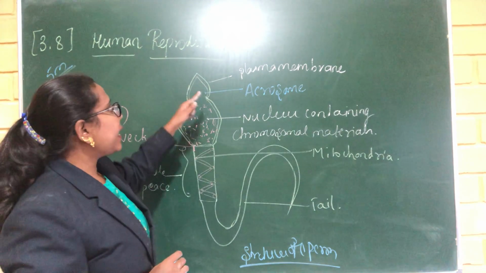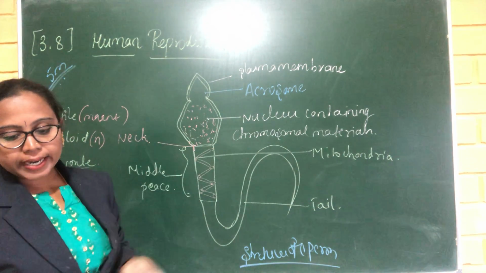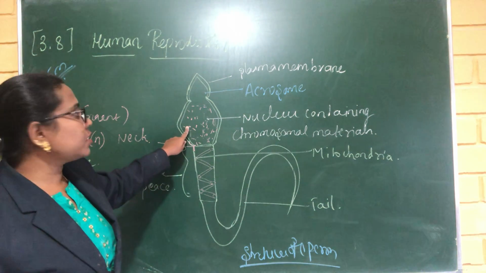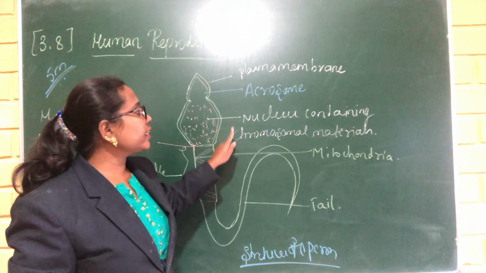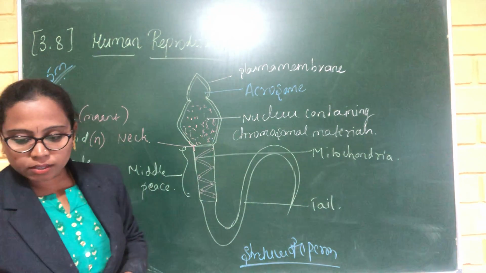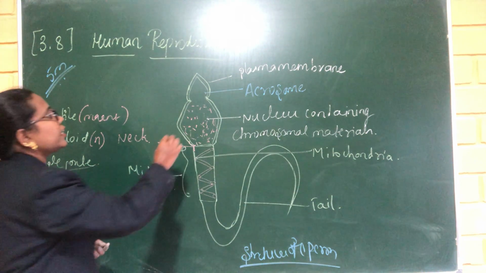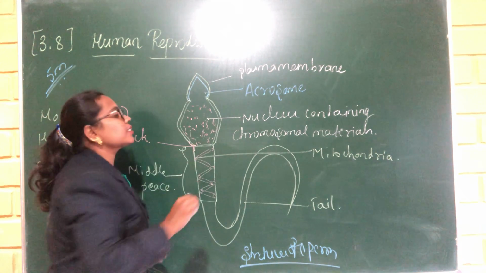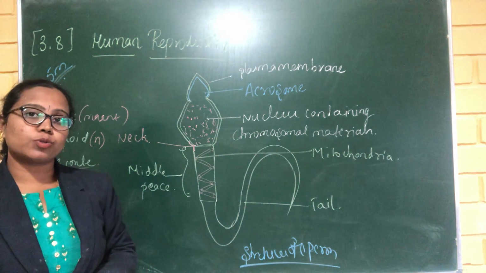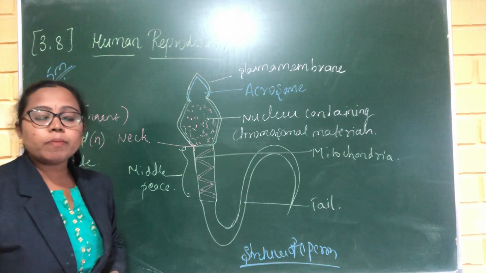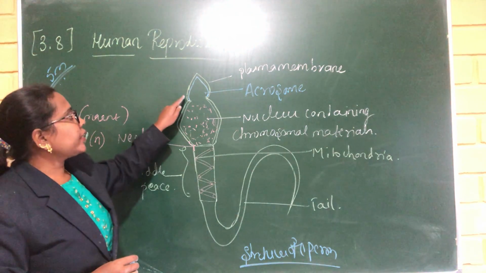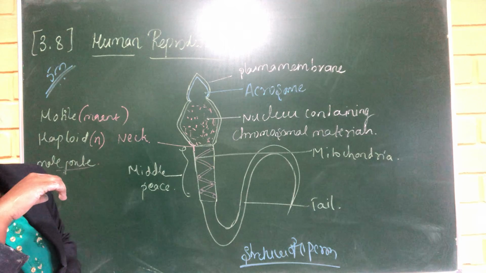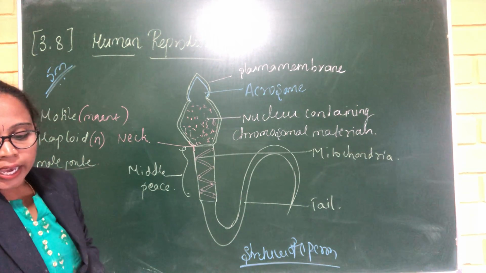Let us discuss the head region. The uppermost part is called the head region, which consists of a nucleus containing chromosomal material. Another very important thing: the anterior part of the head region is covered by a cap-like structure called the acrosome.